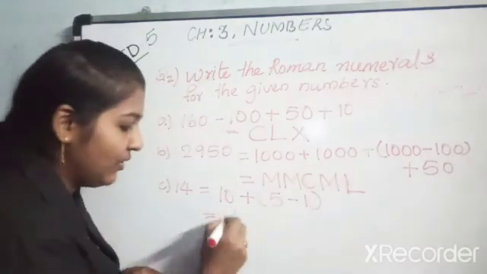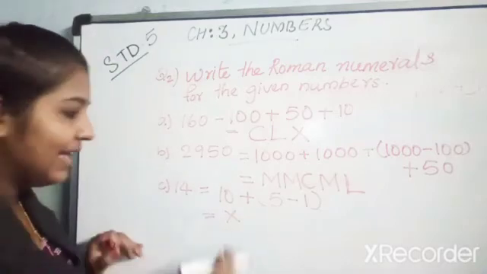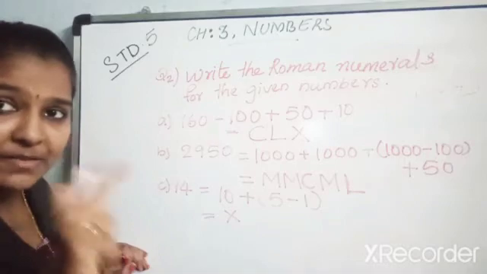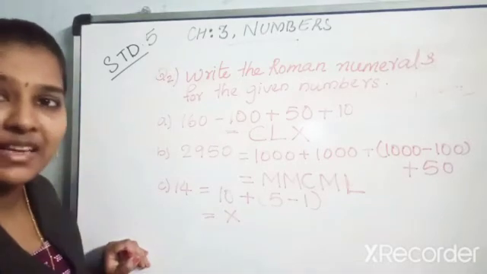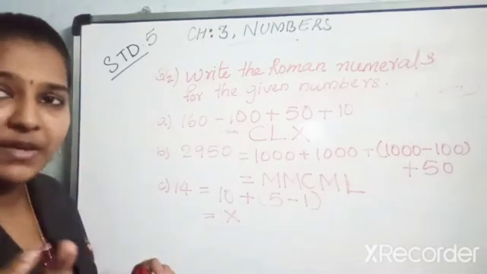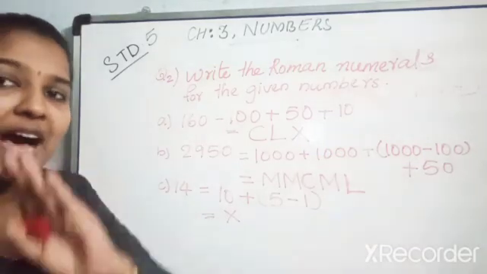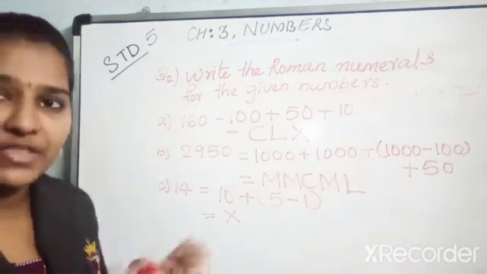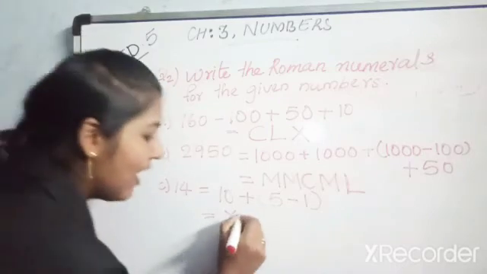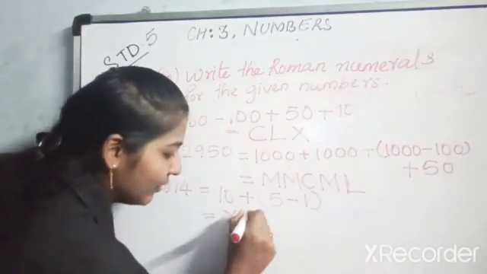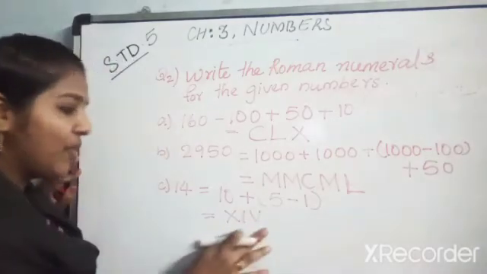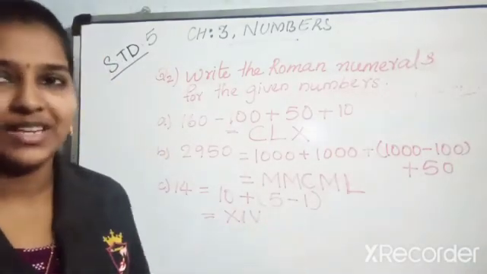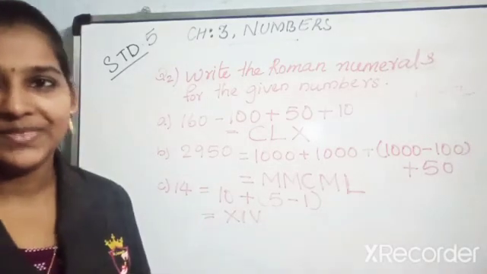So 10 we know it is X and 5 we know it is V. And minus 1 means 1 is I. So minus 1 means we have to put I on the left side of V. Okay, on the left side of V. So IV is 4, and XIV shows 14. Got it, children? Okay.